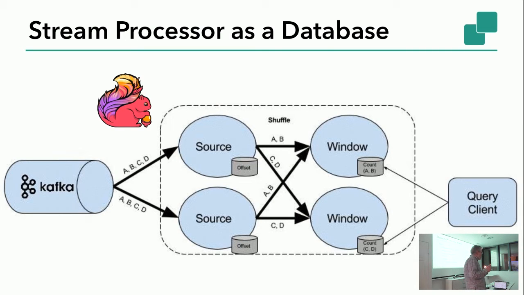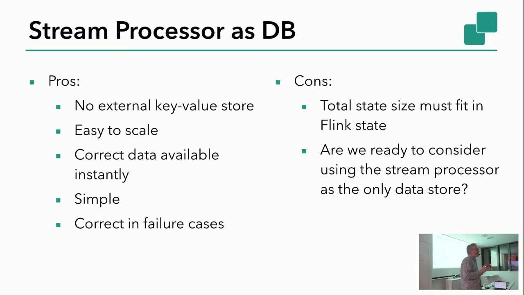Whether you really want to do that depends on whether you're prepared to trust Flink in all the ways you trust a database. Are you ready to feel good about your backup strategy with Flink state? Are you ready to feel good about migrating state across new versions of Flink and so on? Those are all the operational issues that we are taking on, and we're working hard to make sure that people can have that confidence in the future.